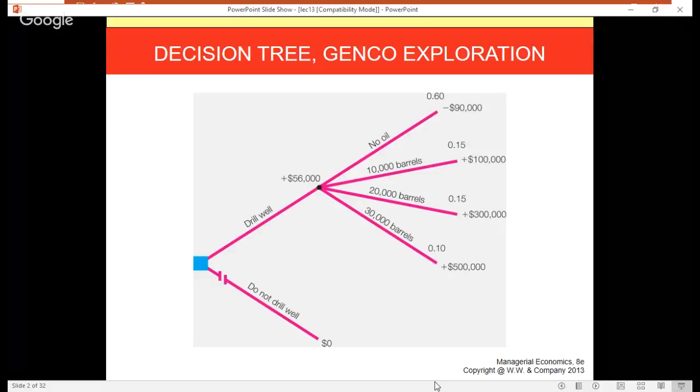So, to get the expected profit from drilling, I multiply all my probabilities.